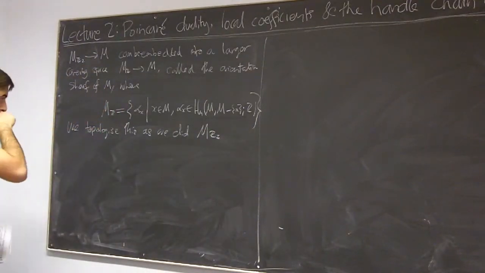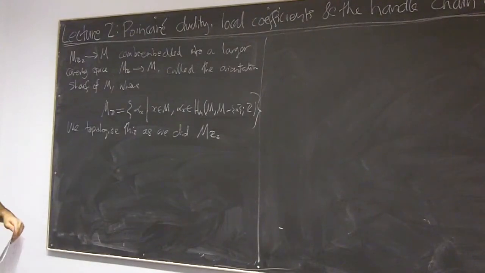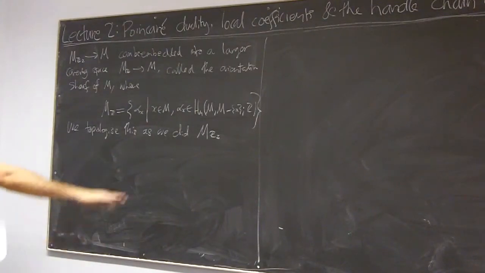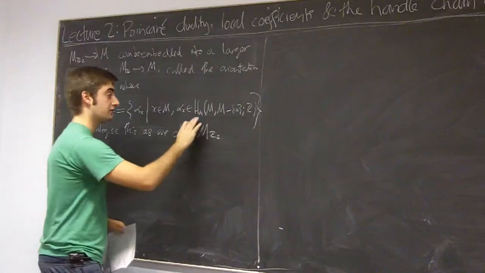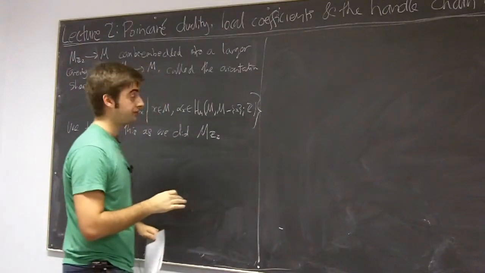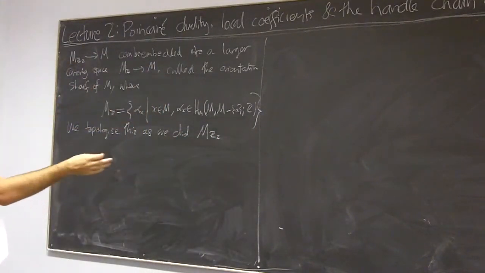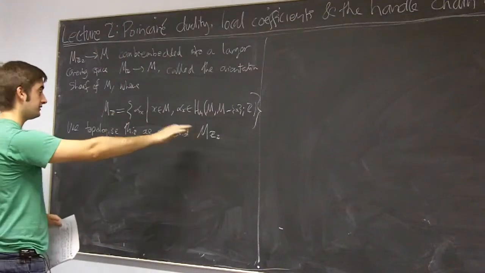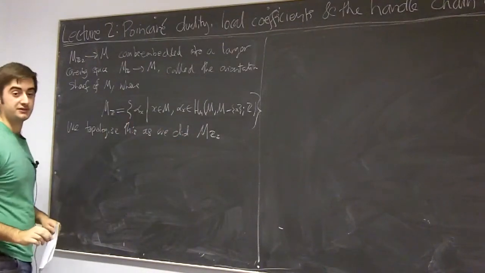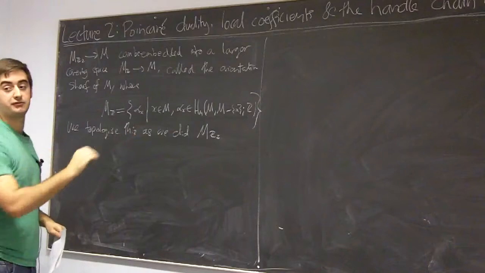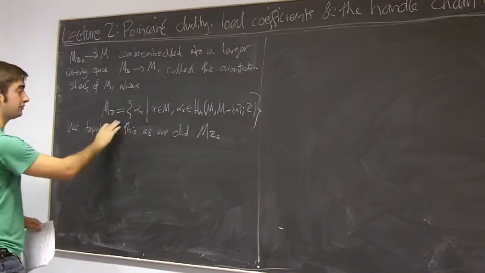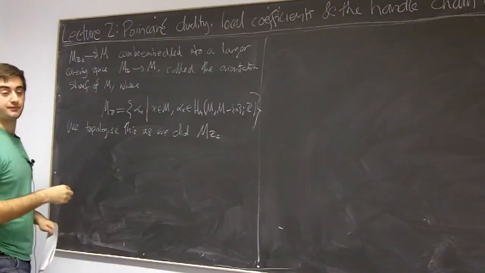Now, let's observe how this covering space looks. Every local homology group has a 0, so we have a sheet of M_Z which is just 0 at every point, and this gives us a copy of M in the cover.